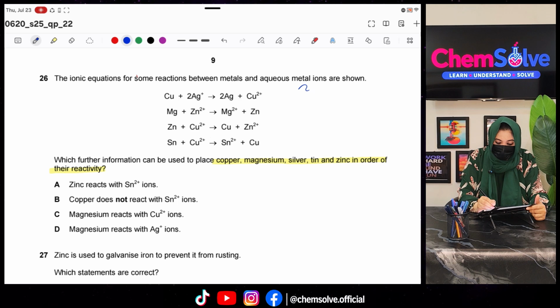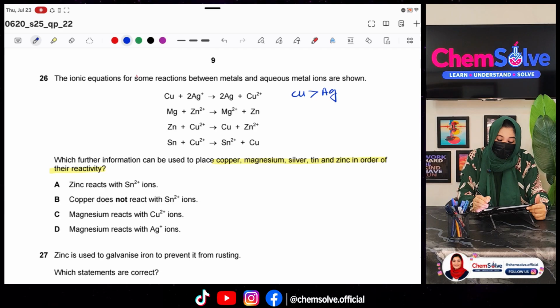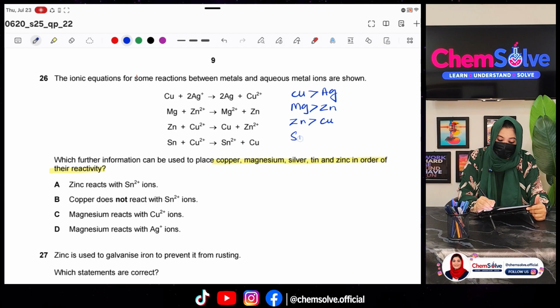It means copper is more reactive than silver. Magnesium is displacing zinc, so magnesium is more reactive than zinc. Zinc is displacing copper, so zinc is more reactive than copper. Tin is displacing copper, so tin is more reactive than copper.